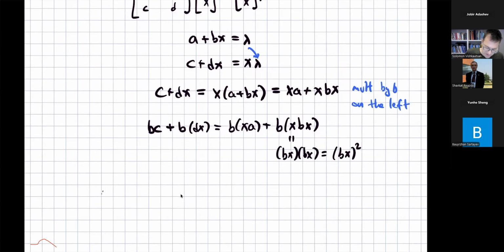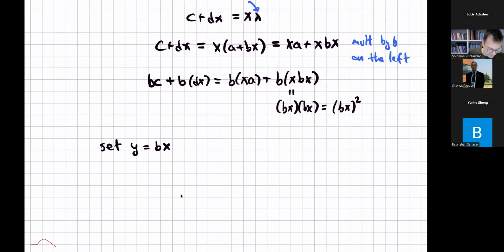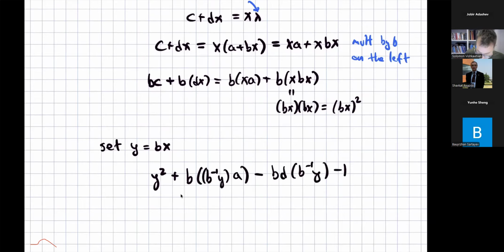And then we can set y to be bx, and we get the following equation: y squared equals (b times b minus 1) y, (a minus bd b minus 1) y minus bc equals 0.